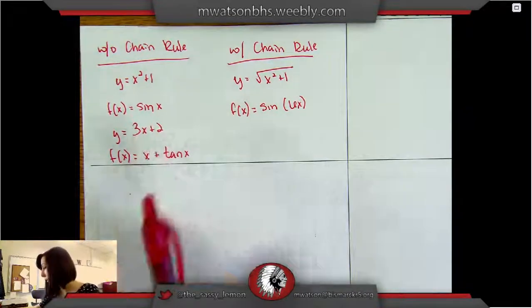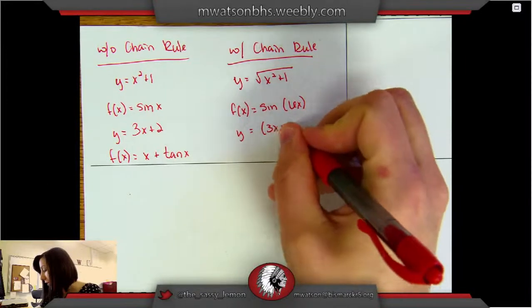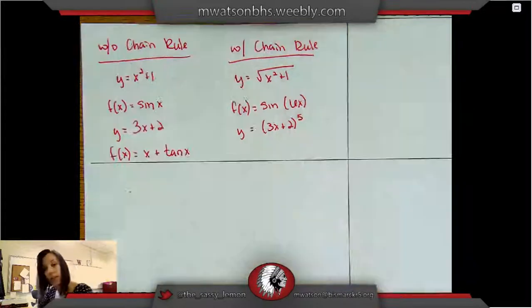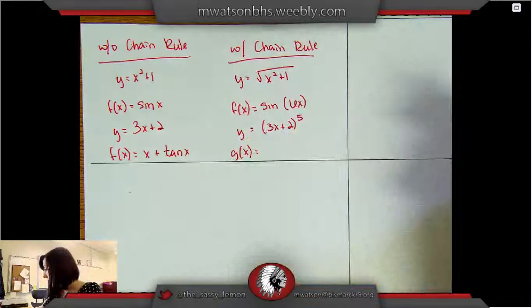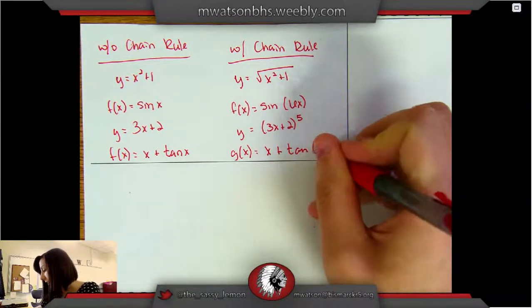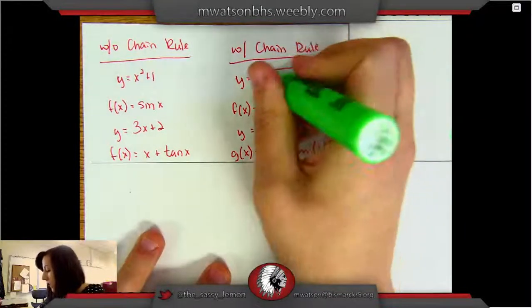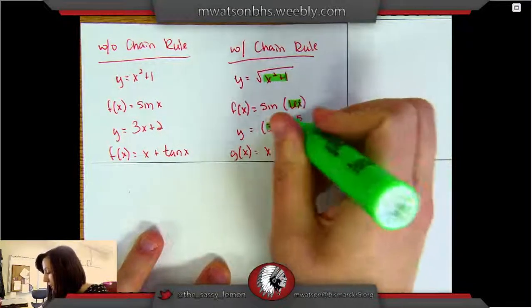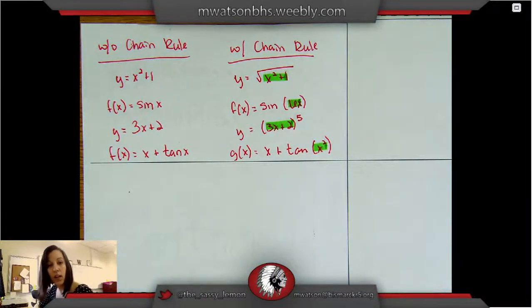We could have done 3x plus 2, but we can't do the derivative of 3x plus 2 to the 5th power unless we double distributed it all out, which would be a big mess. And then lastly, we also could not do the derivative of x plus tangent of x squared. So you see the subtle difference here in all of these problems is that you've got a function within a function. You have composite functions going on, and that's what's causing the problem.